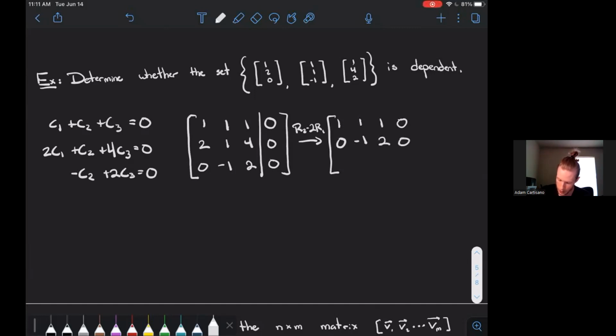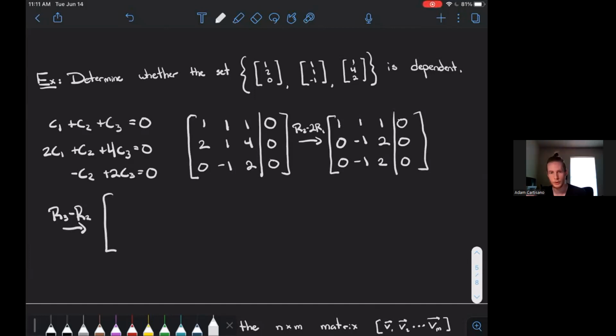And then the bottom row will be 0, minus 1, 2, 0. Wait a second. If I just subtract row 2 from row 3, so row 3 minus row 2, notice that bottom row is gone.